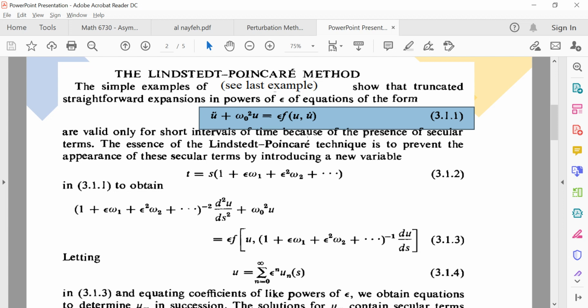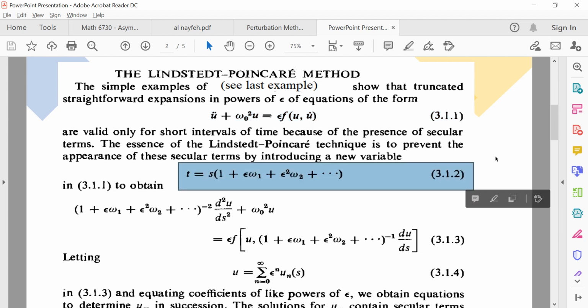Then, according to the Lindstedt-Poincaré technique, we can expand both the dependent as well as the independent variable in powers of epsilon. Therefore we will use this expansion for the time: t is equal to s, or you can use tau.